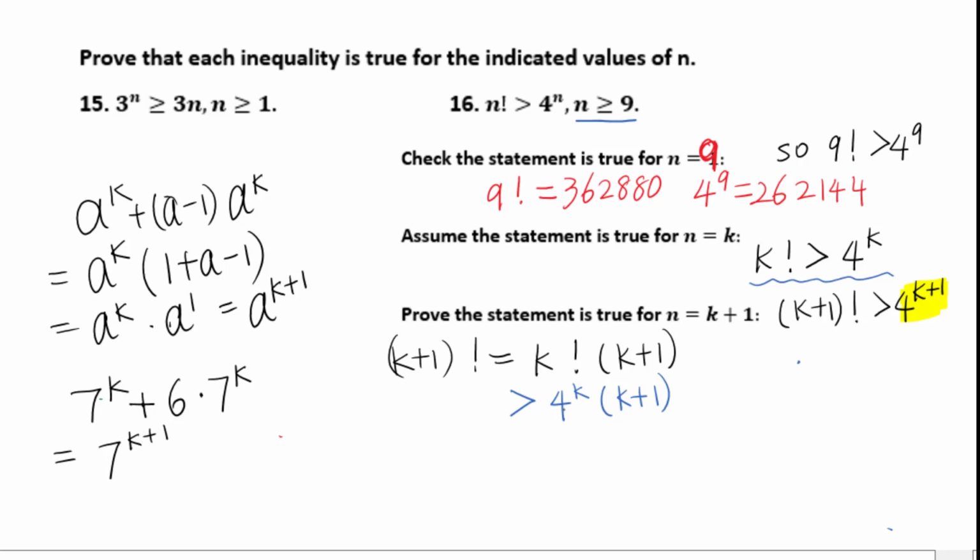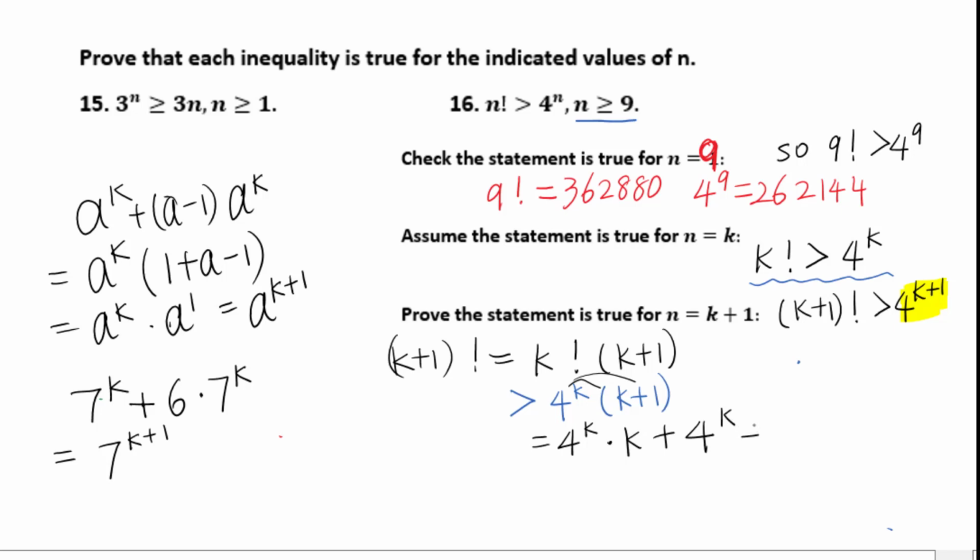So how do I change 4 to the k's power into 4 to the k plus 1's power? First of all, we will do this distributive property. We will get 4 to the k's power times k plus 4 to the k's power.